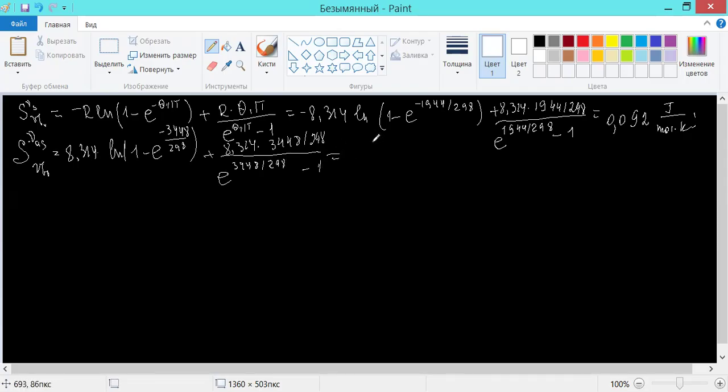And that gives us the answer 0.001. It's nearly negligible, but still we are supposed to write it and deal with it too.